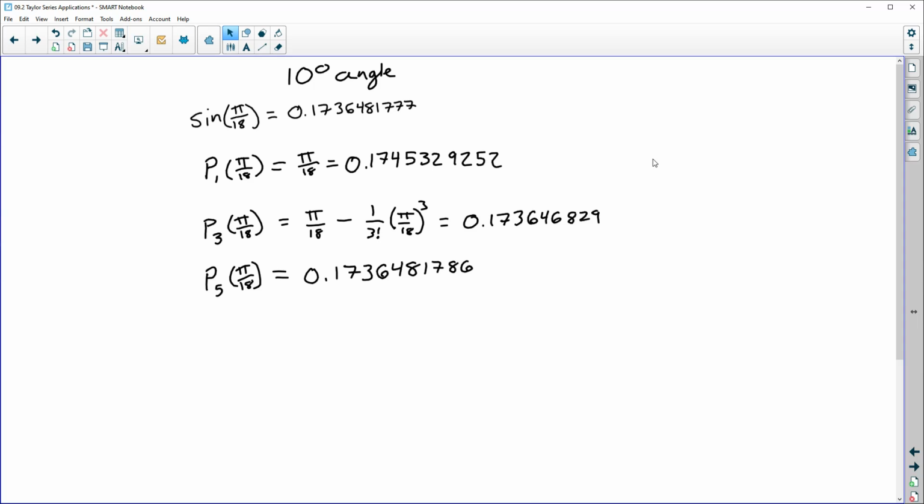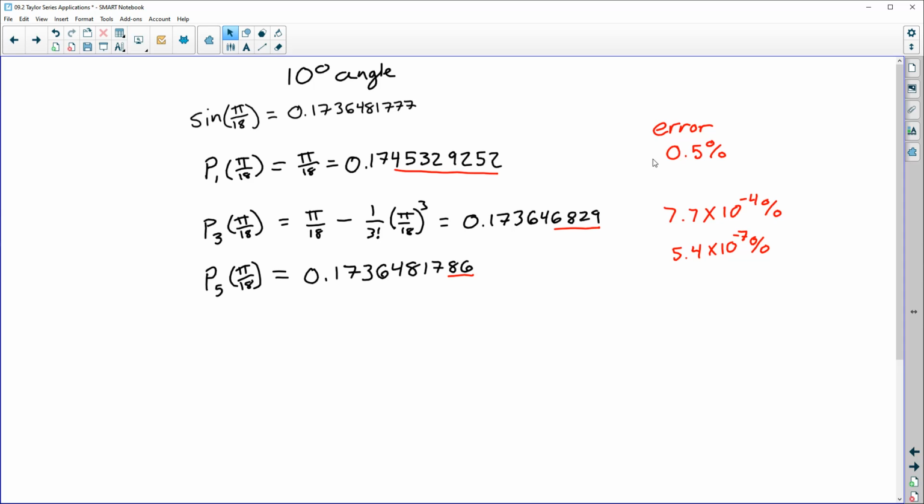P3 instead replaces every x value with pi over 18. And lastly, the fifth Taylor polynomial is just given. I have highlighted in red the decimal places which differ from the exact answer.